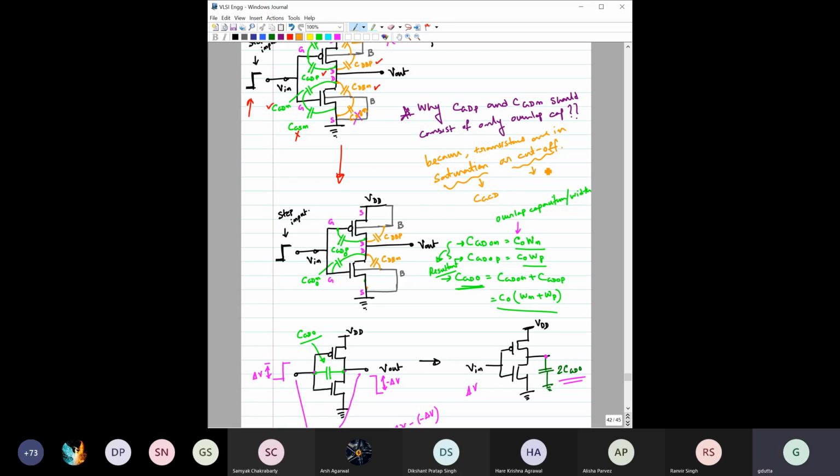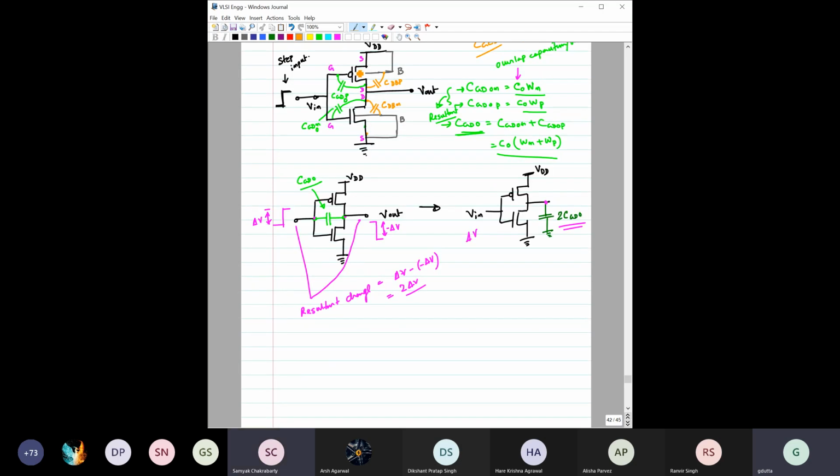As well as here too, both would be almost equal to 0. So that is the reason why these two will only consist of the overlap capacitance.